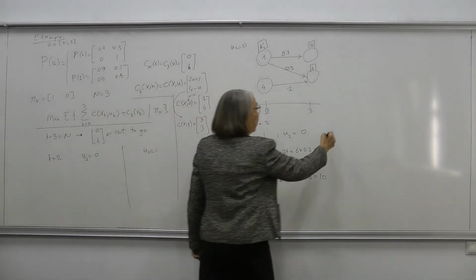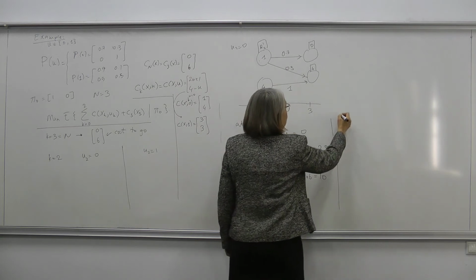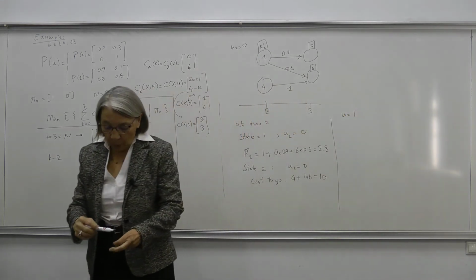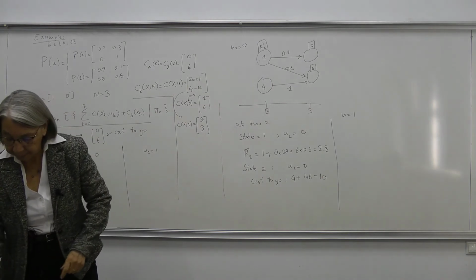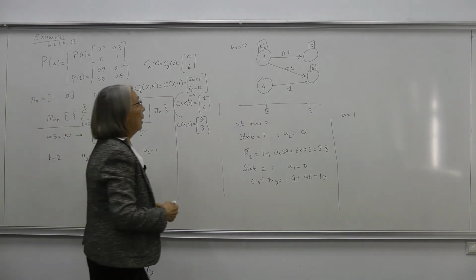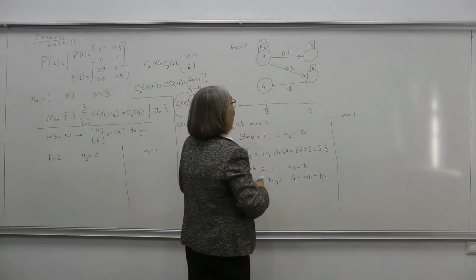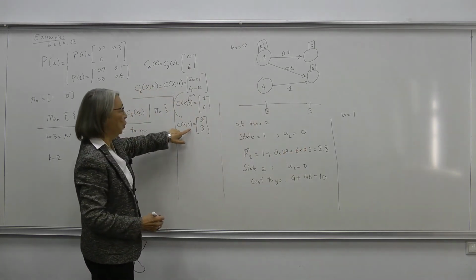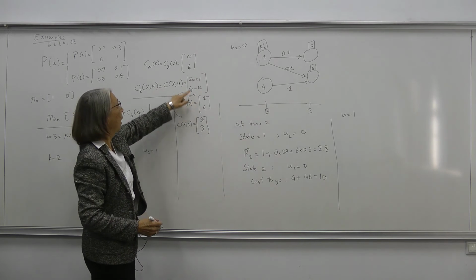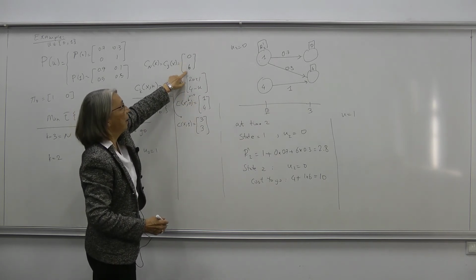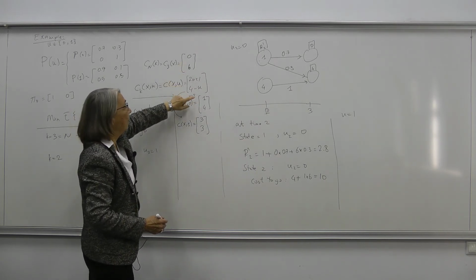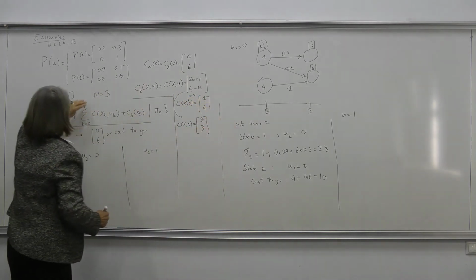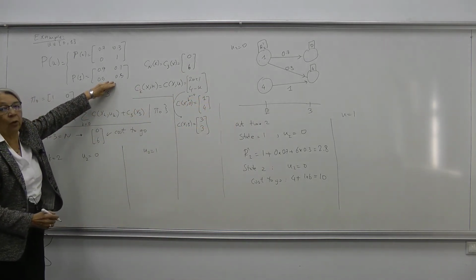Now I would like to do the same computation for U equal to 1. For U equal to 1, first of all, our cost to go will change, from 1, 4, I'm sorry, this is still 0, 6. However, the transition probabilities will change and take the values according to this matrix.